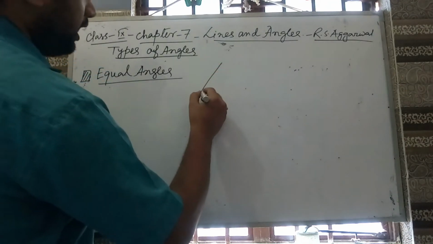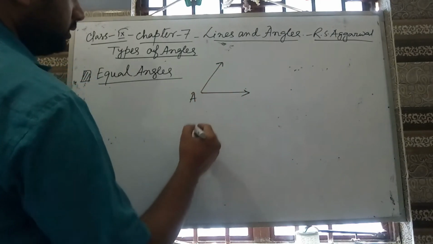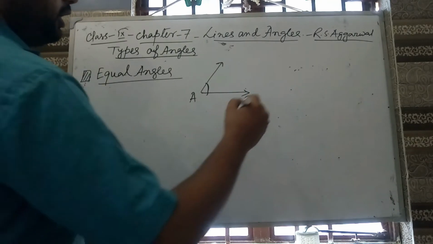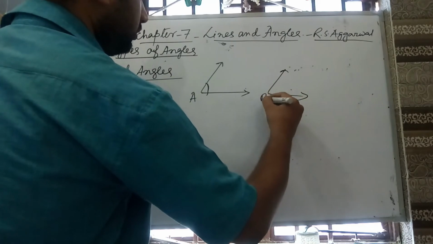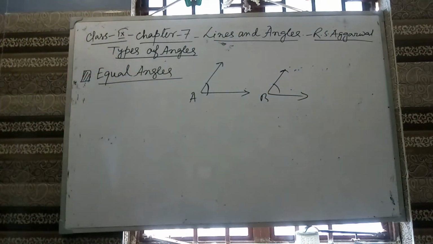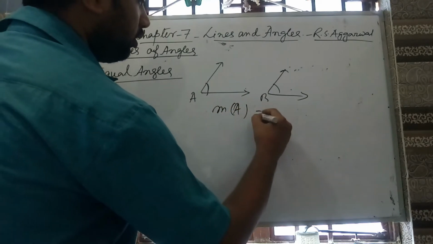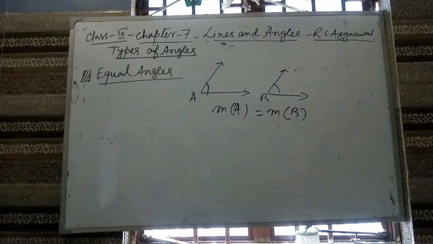Suppose we consider an angle A, and another angle B. Then these two angles will be equal if M of A equals M of B. Now what does this M mean?